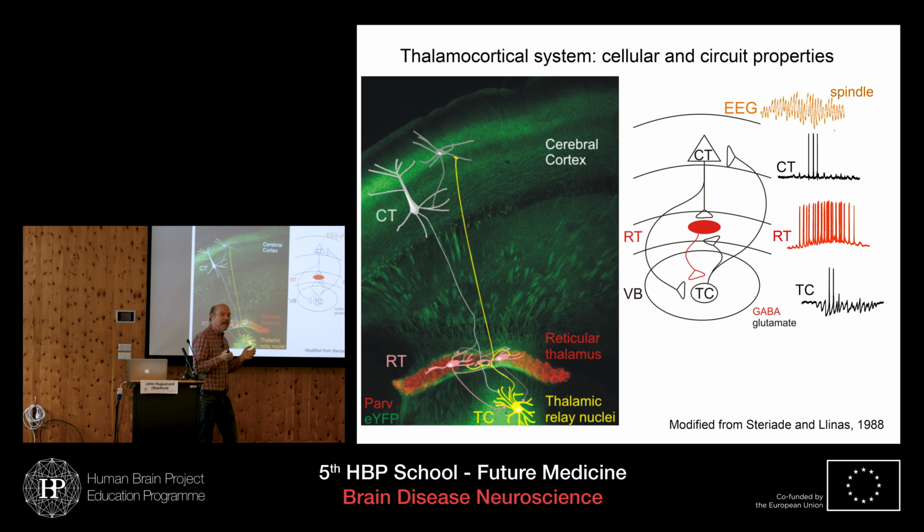And I forgot to point out, all the insights that we've gained about this circuitry require access to the inside of the cells. We have to be able to understand their synaptic inputs and what they do with those synaptic inputs, how they decide whether to fire or not. These sorts of understandings of the circuitry all require access to the inside of cells through intracellular recordings.